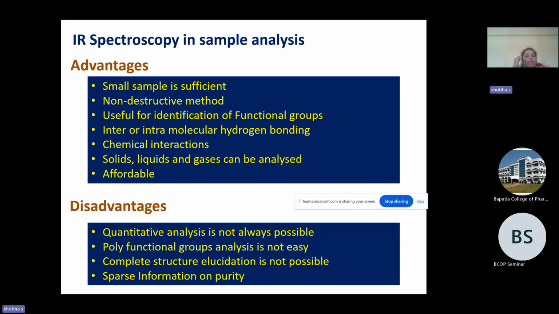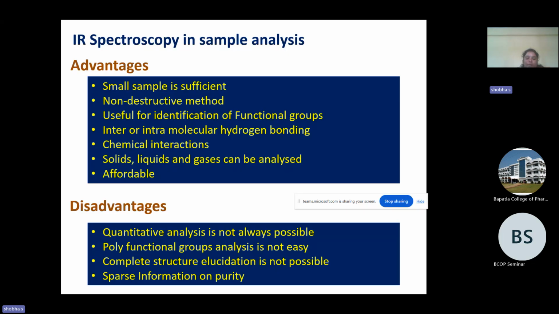Mainly there are drawbacks also for IR, and those are in quantitative analysis. Complete quantitative analysis is not possible. And also, if you have any herbal extract, there may be a lot of functional groups in the phytoconstituents, and that is not clearly possible with IR. And also, complete structural elucidation is not possible. Why?